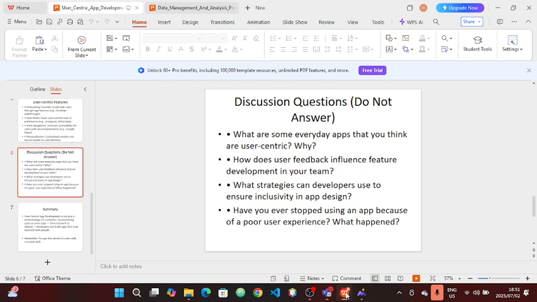So the question was, how does user feedback influence feature development in your team? Do you agree, guys, with the answer on the chat? I don't really agree with that answer. It is a good reason for why user centric development is important, but the specific question was how does it influence your development inside your development team?